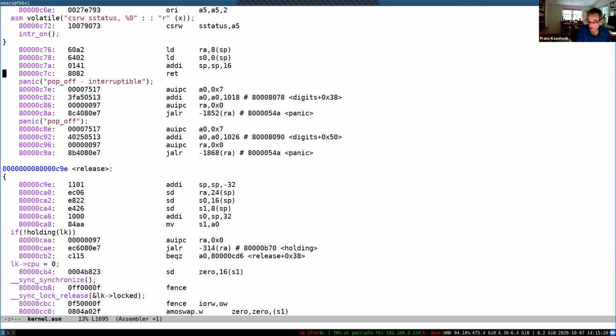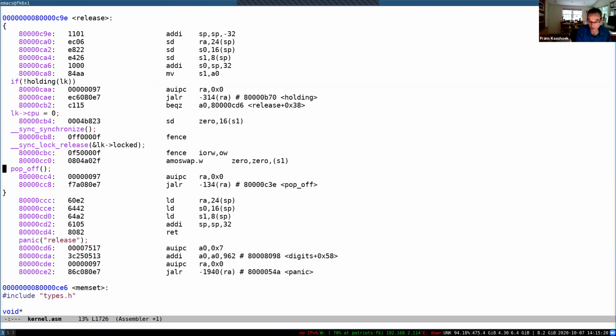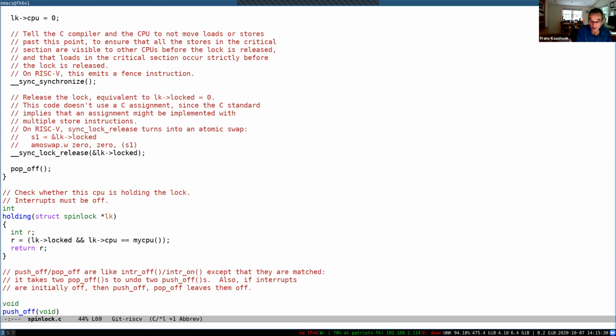Here's release. The release also uses this atomic swap instruction, basically putting 0 into s1. And so the guarantee is that this atomic update, writing a 0 into lk->locked, is an atomic operation.